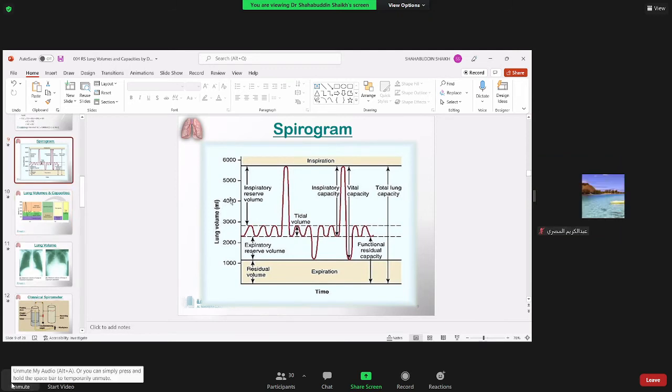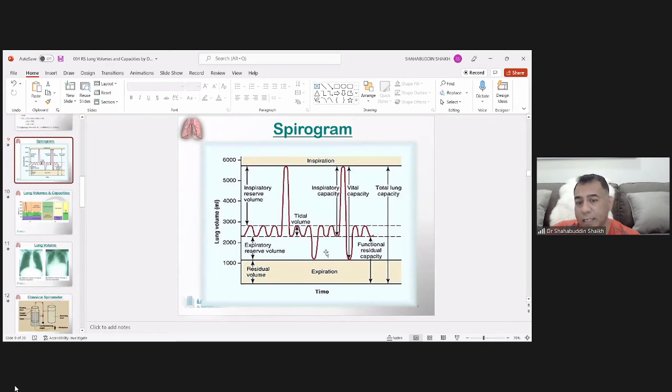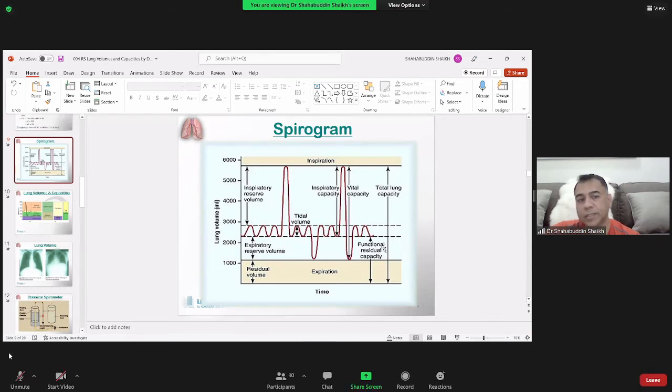The most important thing from the spirogram is to identify. Theoretically, you are supposed to remember the major volumes, not all. The major ones are tidal volume, inspiratory reserve volume, residual volume, and functional residual capacity.